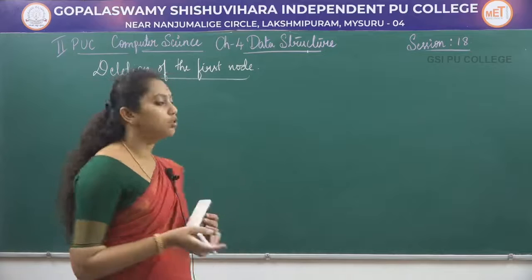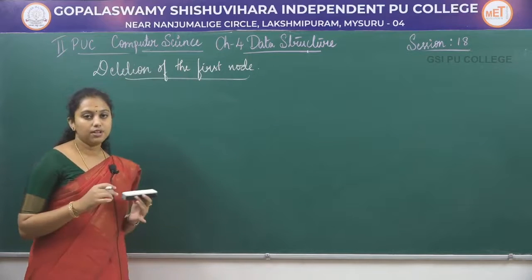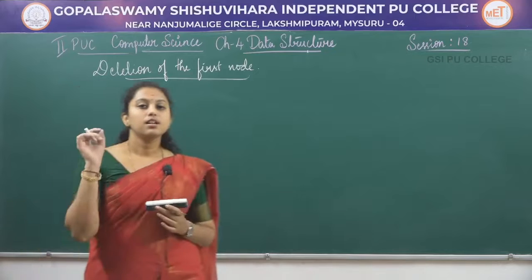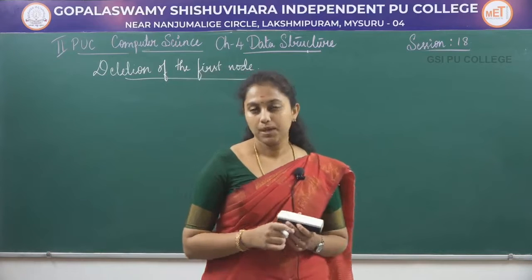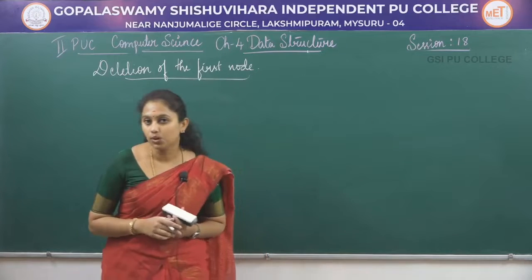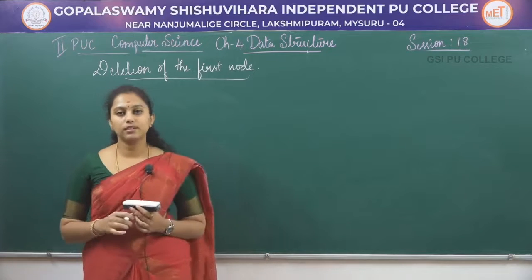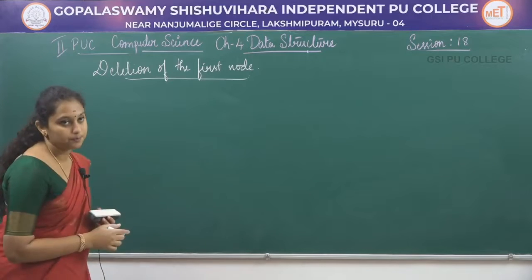First we are going to copy the data of the first node and then we are going to link the second node to the start pointer. But if the linked list contains only one node, then the start pointer contains null after deletion of that node.